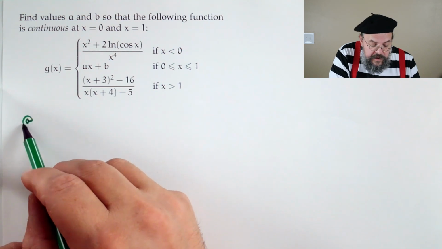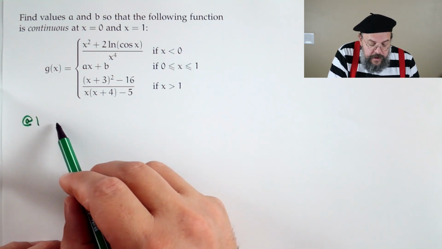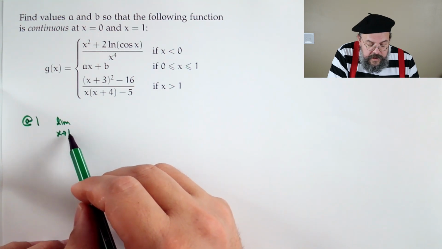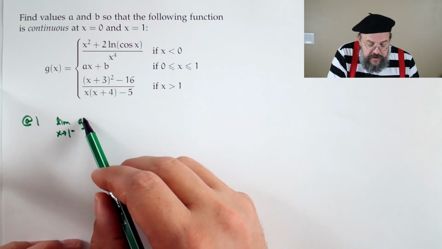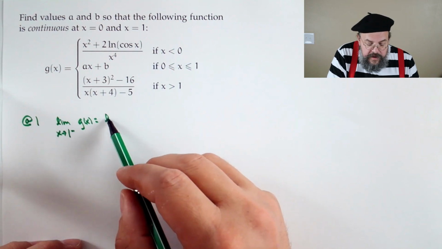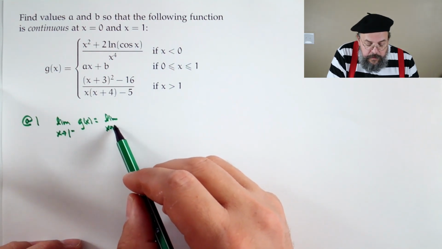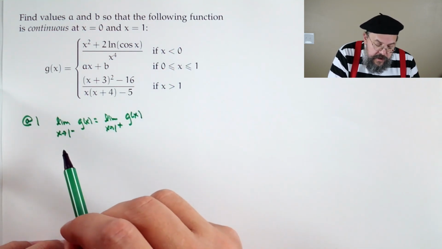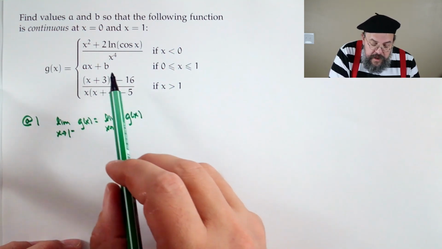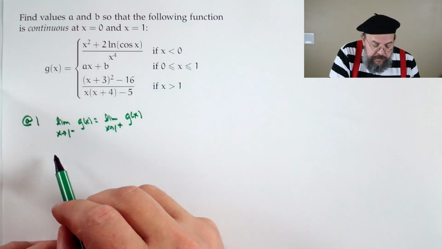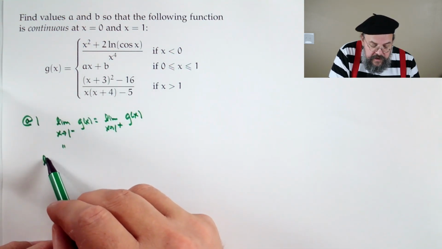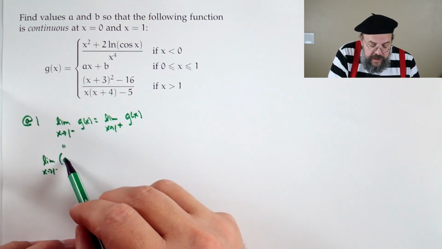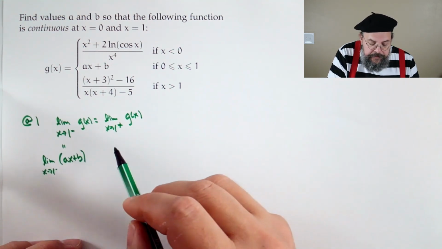So at 1, we need the limit as x approaches 1 from below of g of x to equal the limit as x approaches 1 from above of g of x. When I'm coming from below, I look like ax plus b. So this is the limit as x approaches 1 from below of a times x plus b.